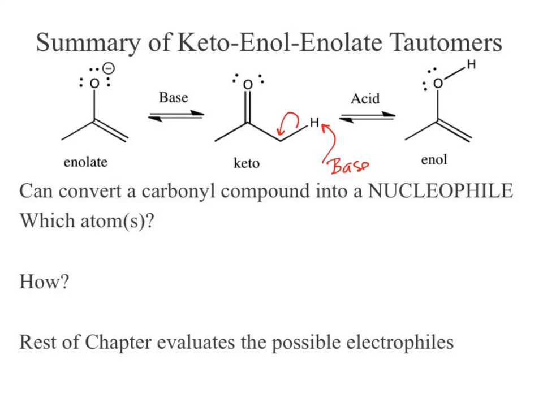And we can either form the enolate or the enol, depending on what conditions we're under. If we're using a strong base, we're looking at forming the enolate. If we're under acidic conditions, we can still form the enol-like or enolate type compound, but we end up forming the enol. Okay, why do we get the enol under acidic conditions and not the enolate?